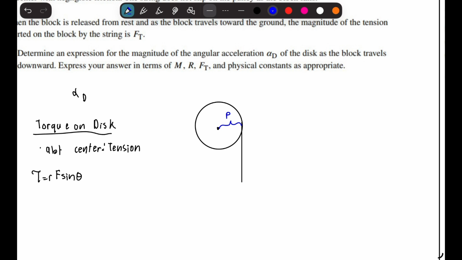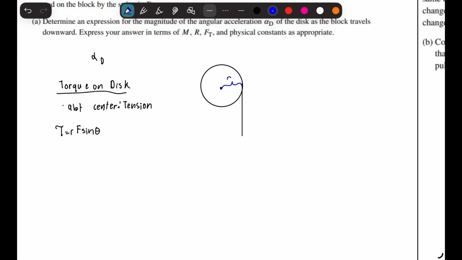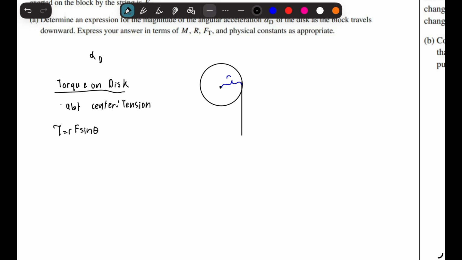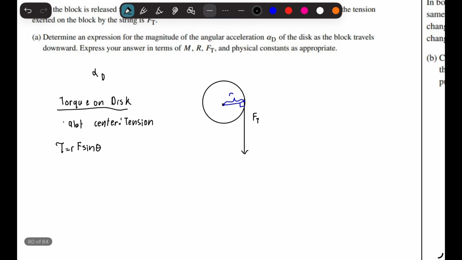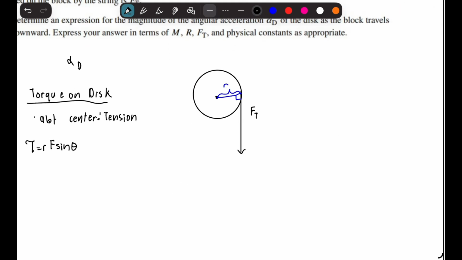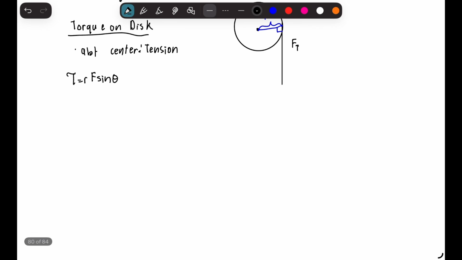So that is going to be our r here, our lever arm, perpendicular. So this is our force of tension, Ft, and the tension force is pulling the block up. So that's our magnitude.